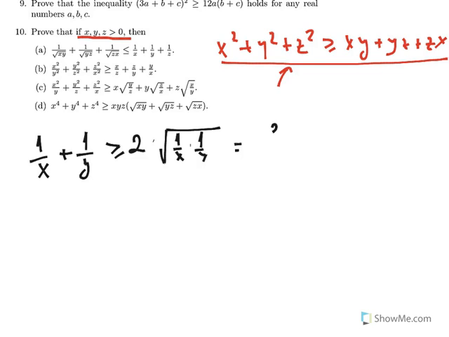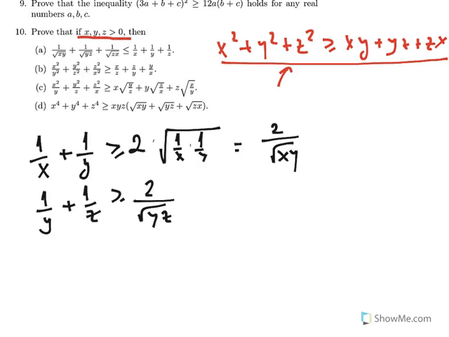So that is 2 over square root of xy. Do the same thing for 1 over y plus 1 over z, and this is greater than or equal to 2 over square root of yz, and 1 over z plus 1 over x is greater than or equal to 2 over square root of zx.